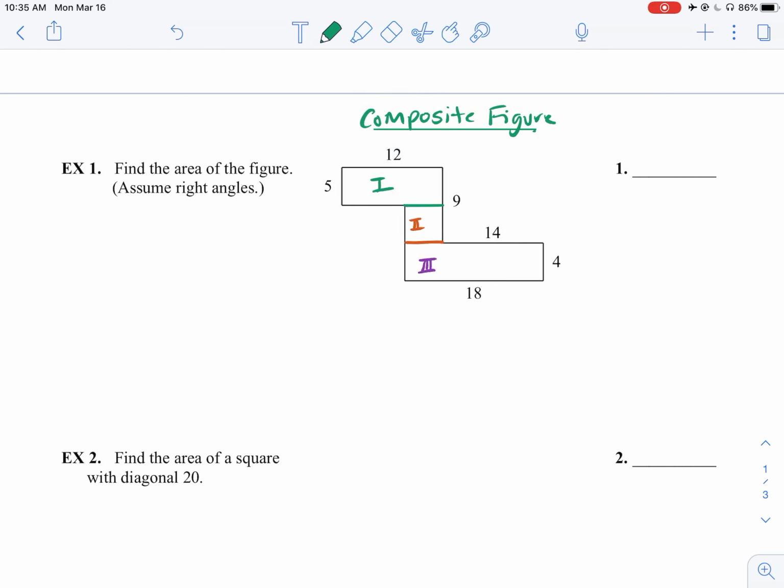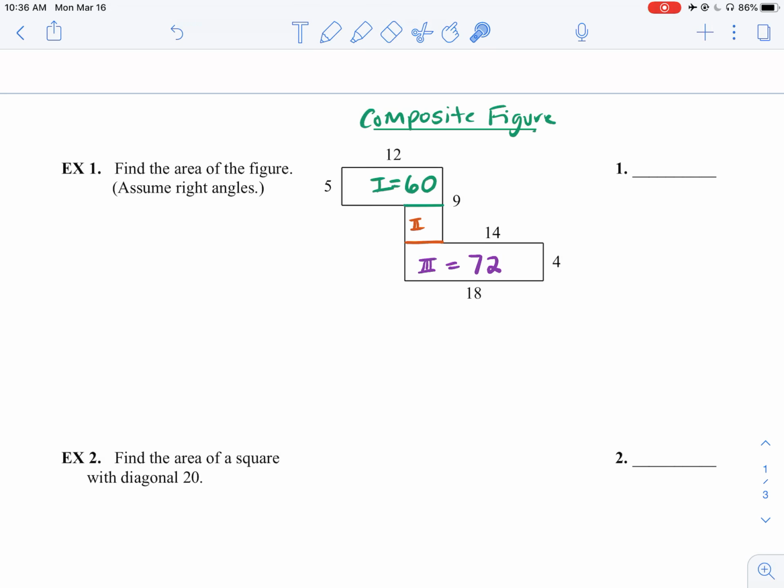So I can do length times width to get its area to be 60 square units. For the bottom rectangle, all the way across, its width is 18, its height is 4. I can figure out that its area is 18 times 4, which is 72. So the area of my bottom rectangle is 72.